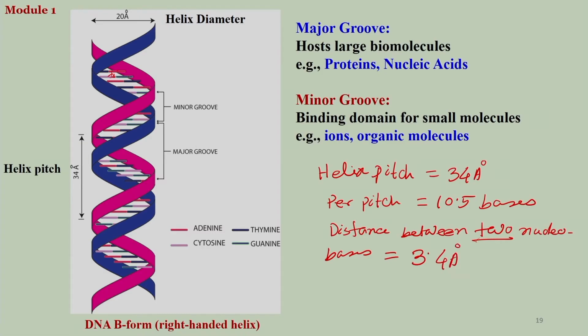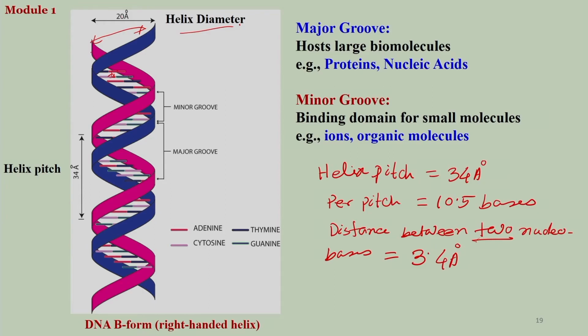And another important thing is the distance between the two helical moieties, the distance between the two strands. One strand is represented by this pink, the other one by this purple one. This distance between the two DNA strands is known as the helix diameter. This is approximately 20 angstrom. So, that is how they are closed in.